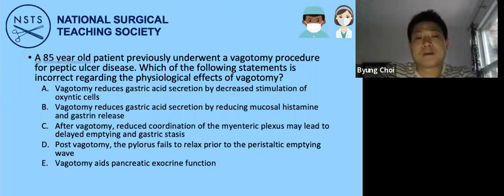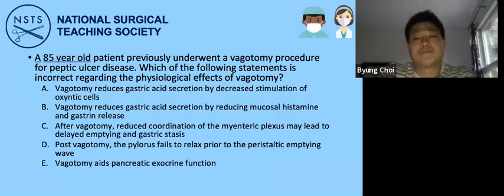Now, vagotomy is really not done anymore. Really, it's more of a historical procedure, especially for peptic ulcer disease, mostly because of non-operative options that can have a huge effect. So, for example, H. pylori causing peptic ulcer disease, you've got eradication therapy that's successful now.